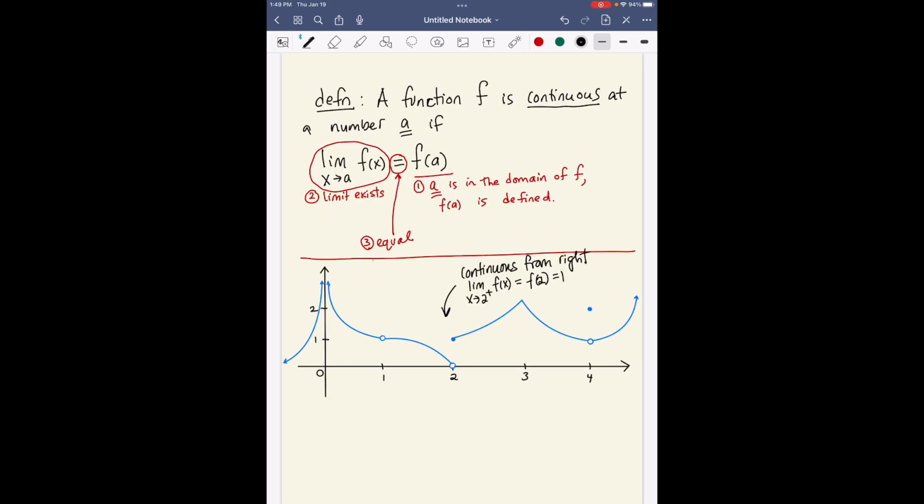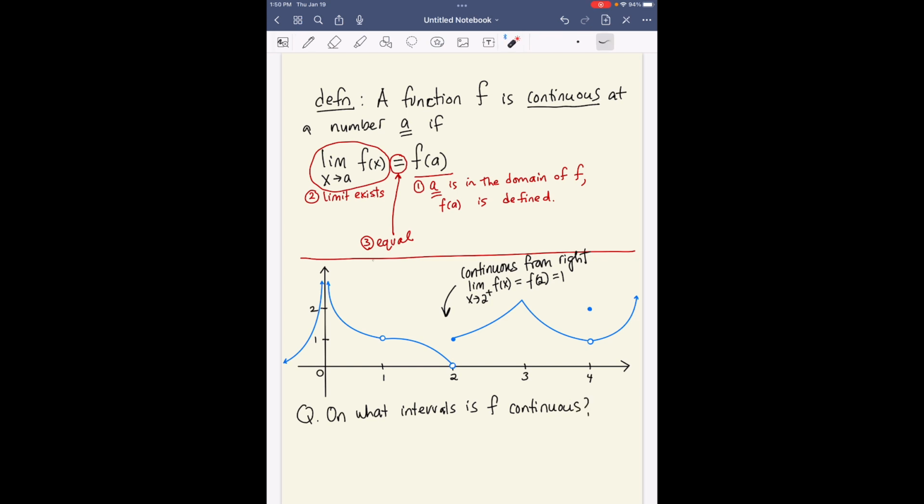Okay, so another question we can ask about this graph is on what intervals is f continuous?